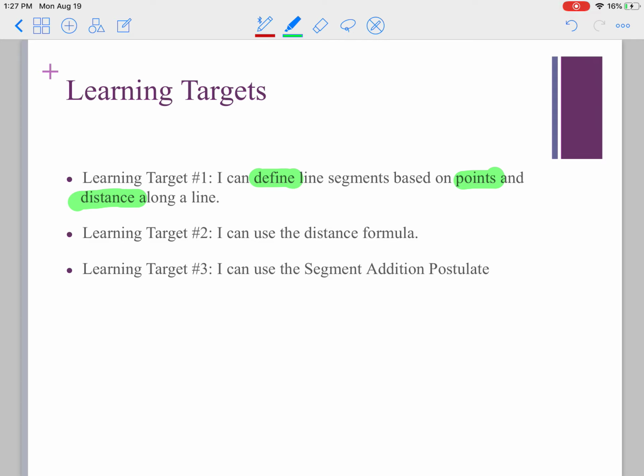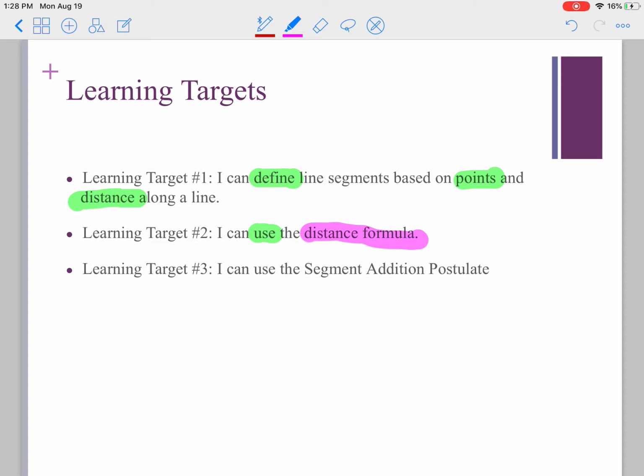That leads into being able to use the distance formula. Now, the distance formula is a formula that you will be given and will help you in defining the points and distance along a line segment. So learning targets 1 and 2 will work together.